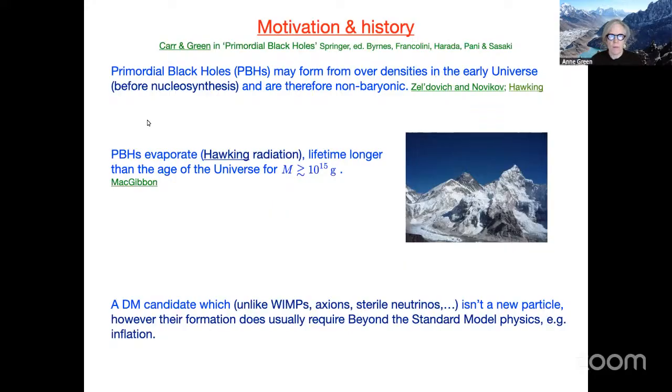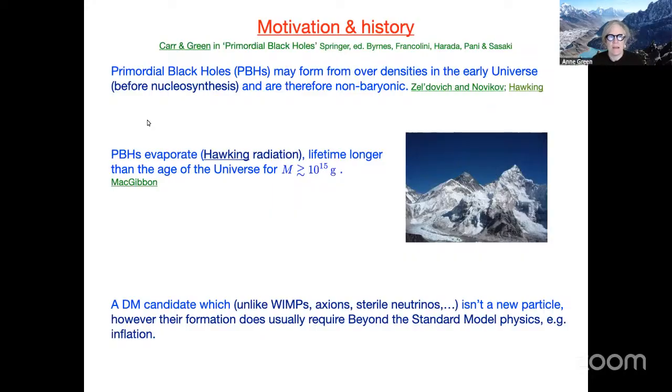So primordial black holes are different from astrophysical black holes in that they are black holes that can form from overdensities in the early universe. And I'll talk a bit more about that in a moment. And as they form before nucleosynthesis, and indeed actually before the quark-hadron phase transition, that means that they are non-baryonic, which is one of the key requirements for a good dark matter candidate.